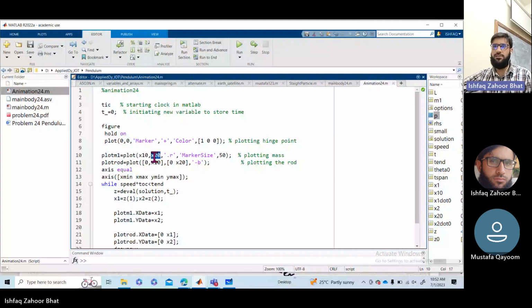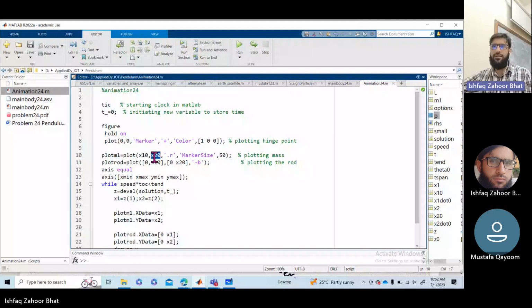This dot refers to the dot, and this R refers to the color of that dot. And marker size. We set the marker size of this dot as 50. I will show you that by changing this size, we can adjust the size of this dot. So by this we plot a dot at the position where our mass was initially.